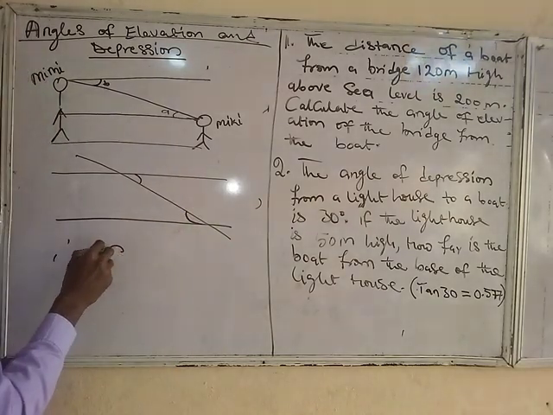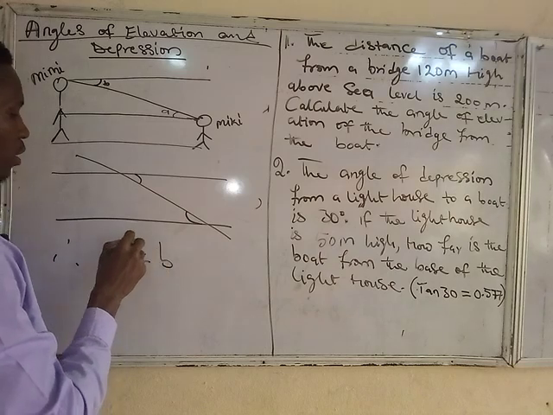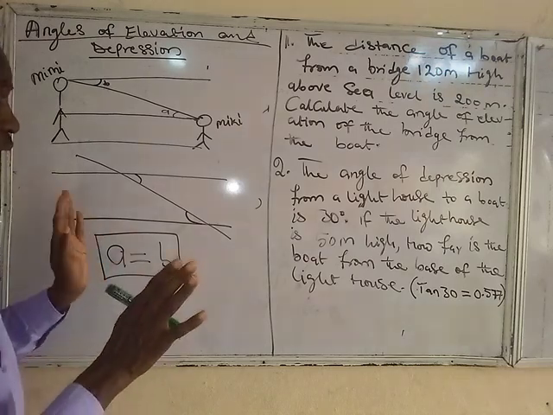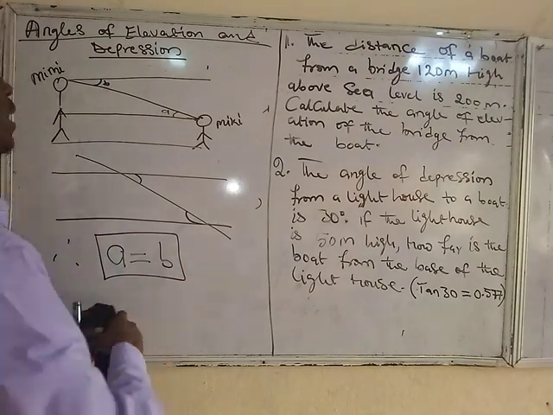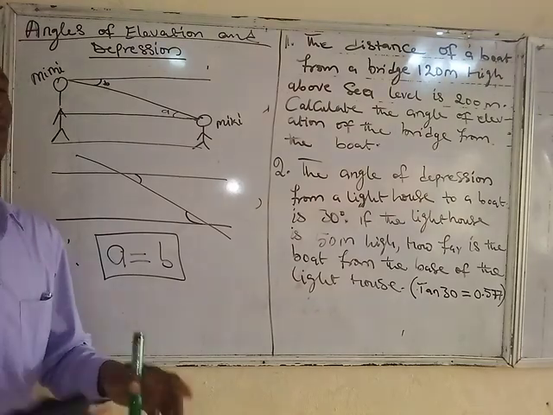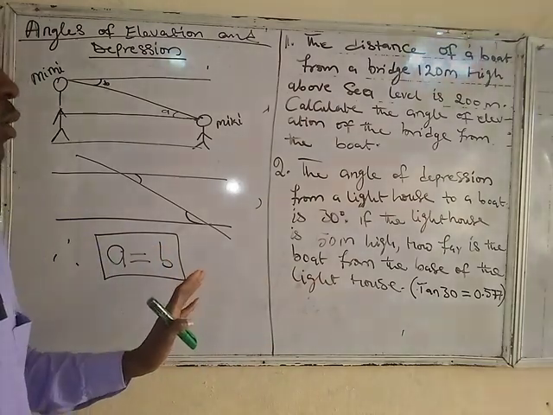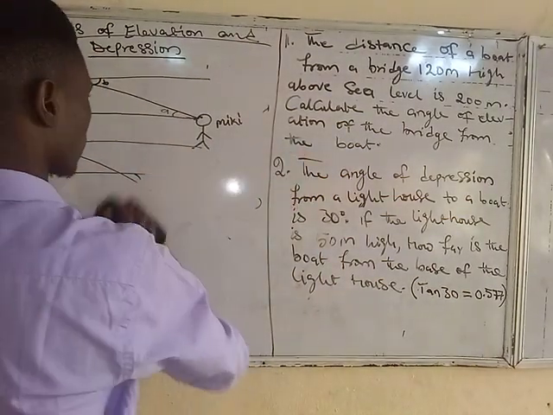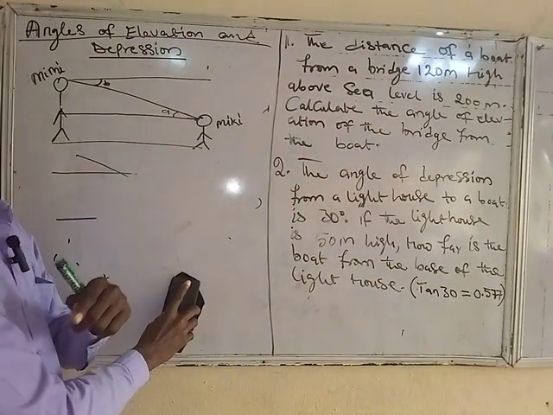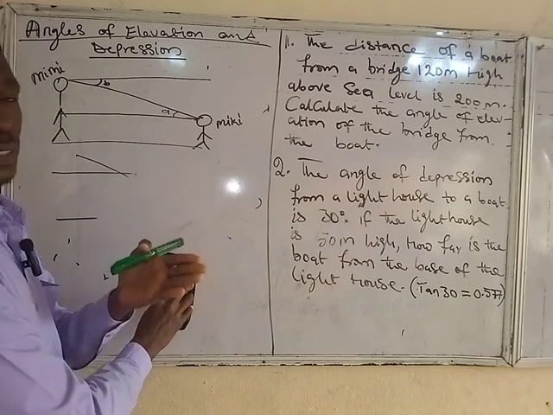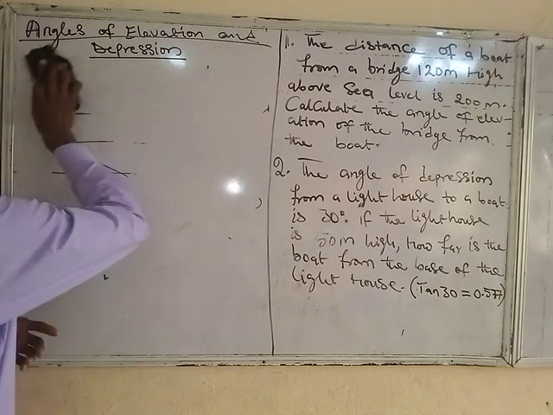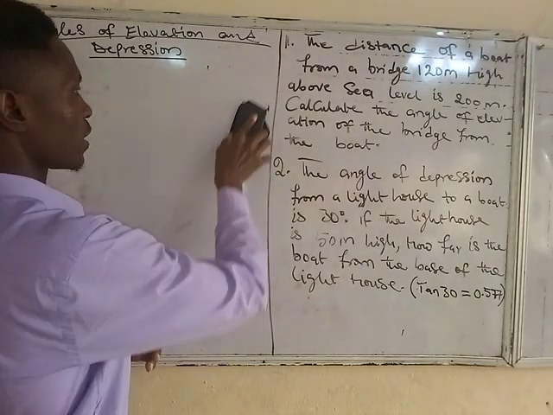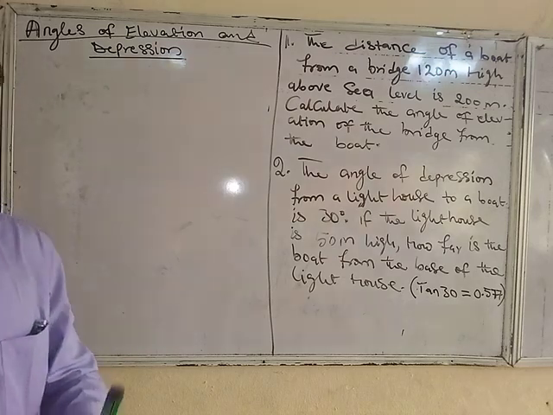Therefore, we say that A is equal to B because alternate angles are what? Equal. So that's it. In another way, we'll say that angles of elevation and depression is one of the applications of trigonometry. So we see that in these examples. You can always pause this video to play and to understand, or better still, replay.